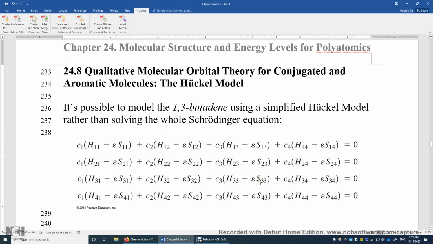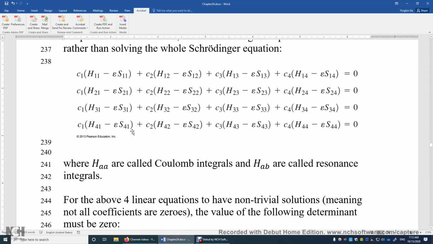S11, S22, S33, S44, those are just the overlap integrals between the 2p orbital on carbon 1 and itself. This S21 is the overlap between the 2p orbital on carbon 2 and the 2p orbital on carbon 1, etc. Again, HAA, so when these 2 numbers are the same, it's the Coulomb integrals.